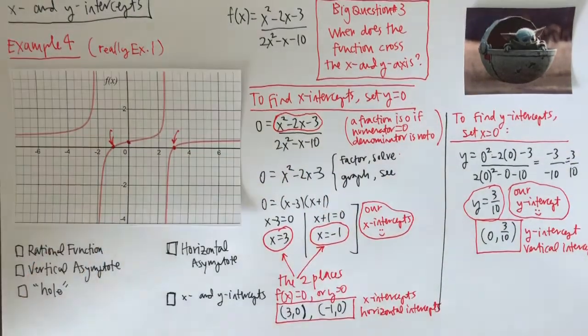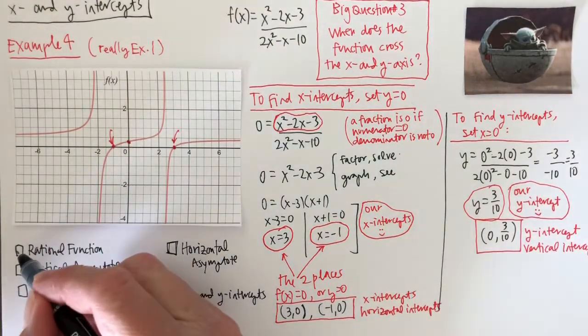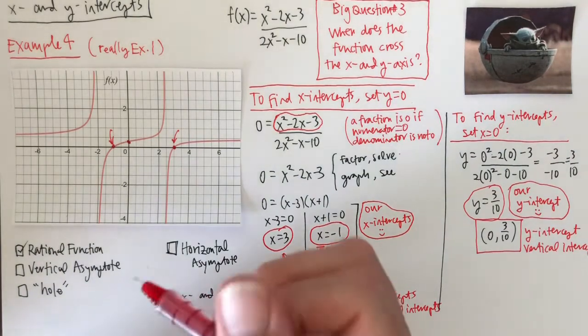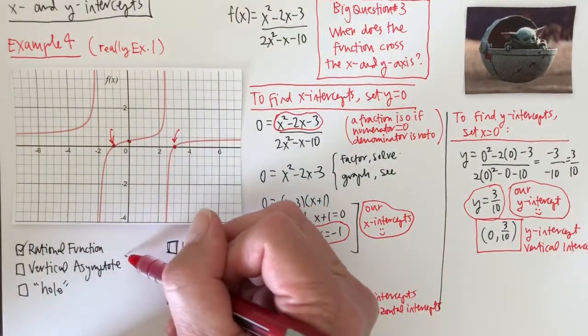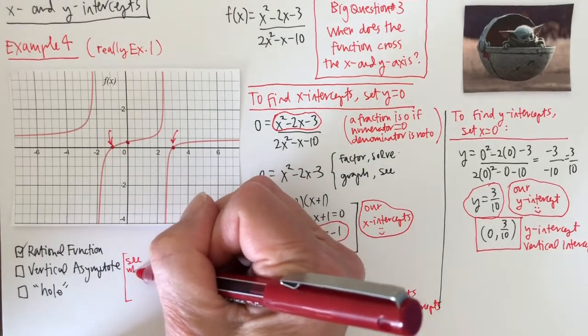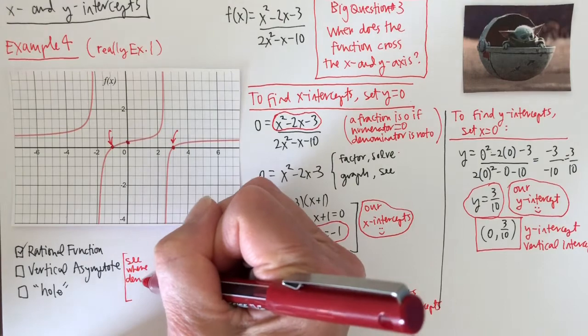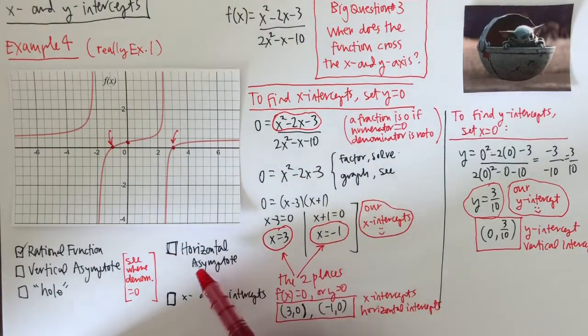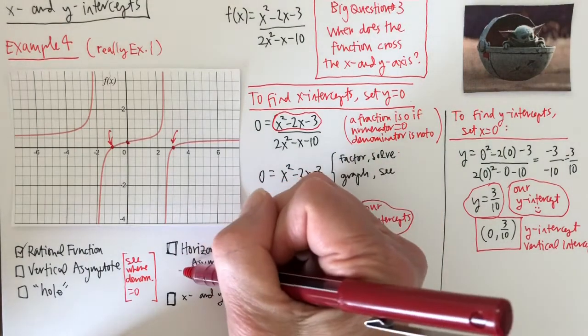Okay, so we know a lot of things about rational functions. We know what a rational function is. We know that to find a vertical asymptote, or possibly a hole, we see where the denominator of our rational function equals 0. That was the strategy. We had a strategy for finding horizontal asymptotes.